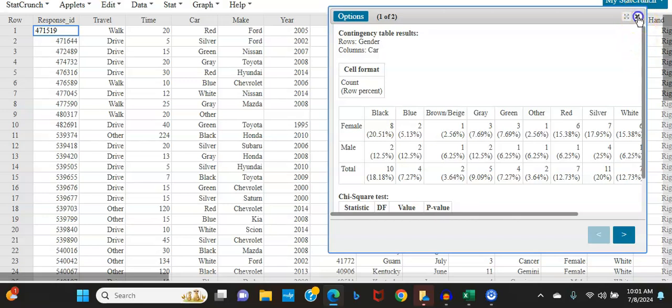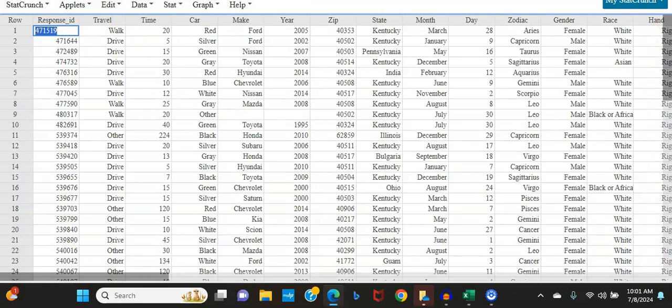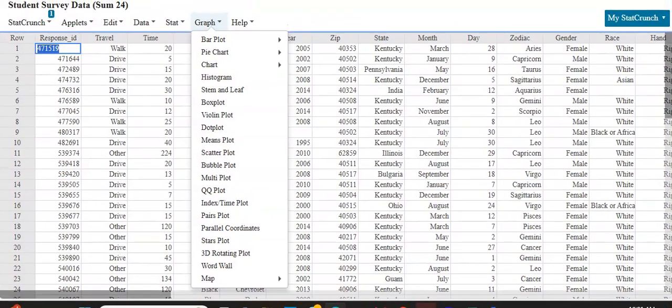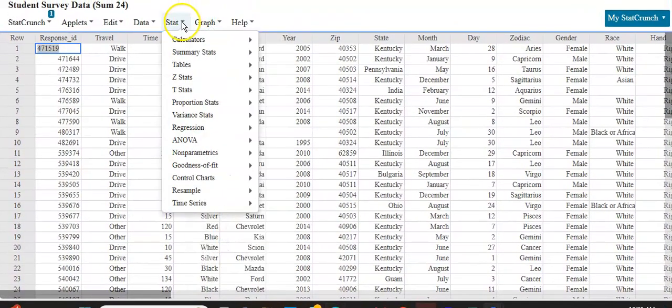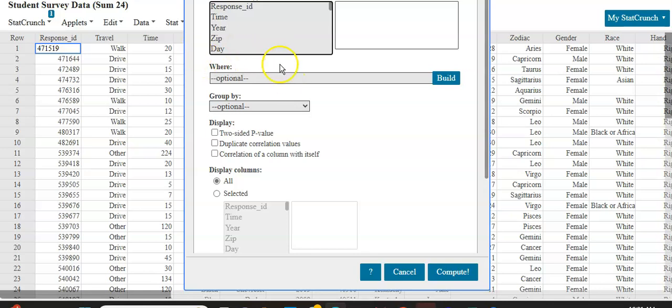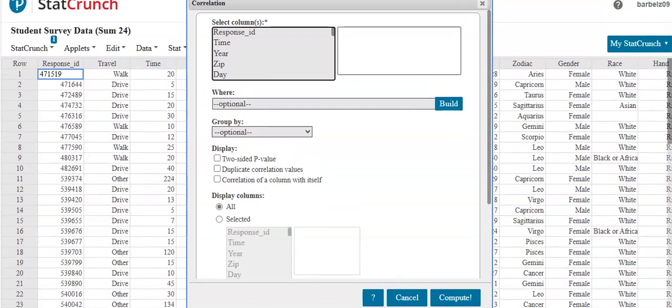I'm just going to get rid of this stuff we had before. And the window is a little small. I'm going to see if I can move it back up. There we go. All right, so we're going to hit Stat, Summary Stats, and we're going to go to Correlation. Again, maybe I need to move that window again, just so you can see all of this.